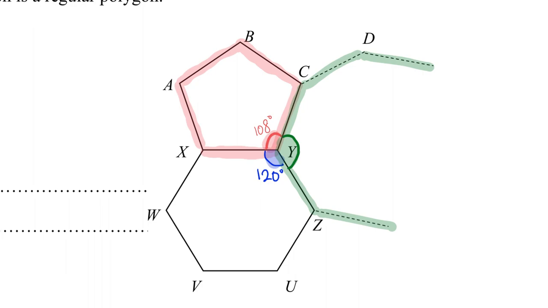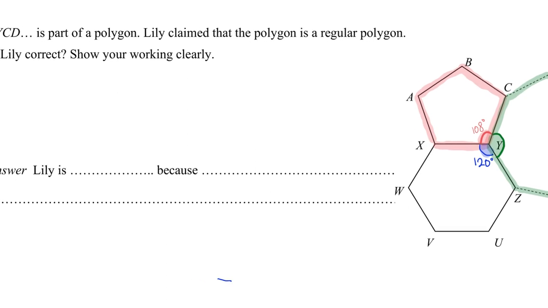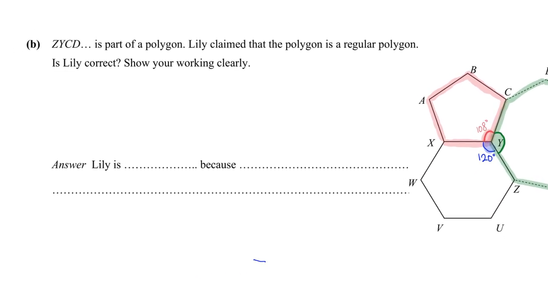So step 1, it will be good to let us see this angle CYZ, which is the interior angle of this polygon, by using 360 minus away my 108 and minus away my 120 to give me 132.